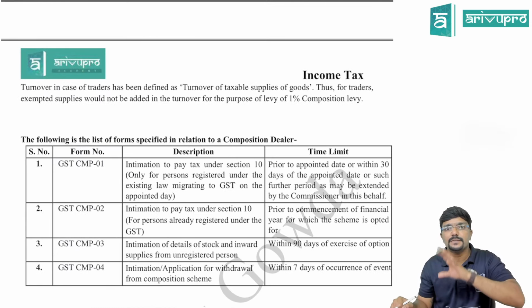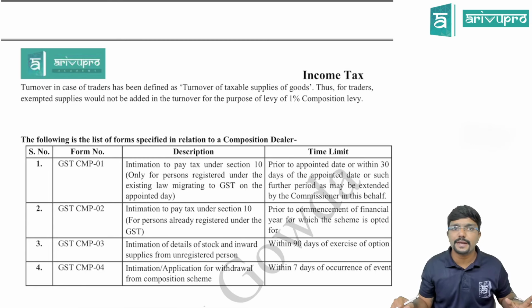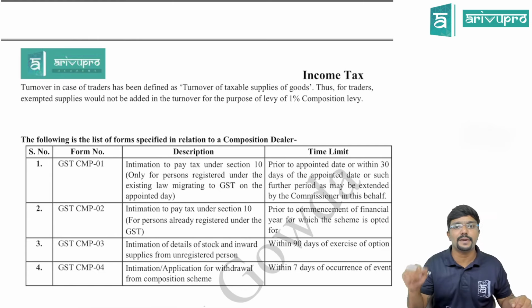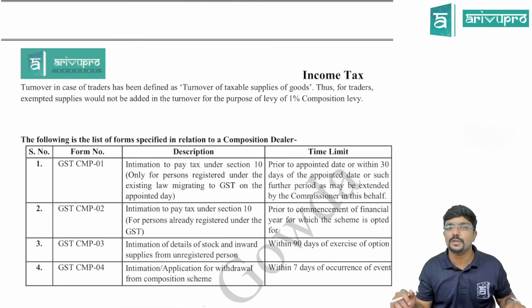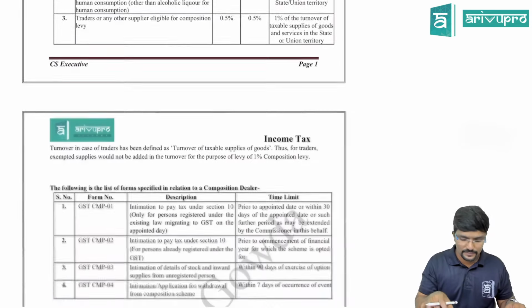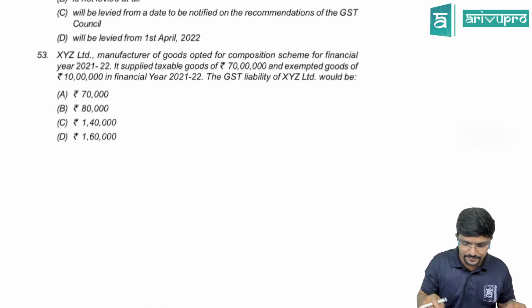All these are the contents which I have picked from the regular study material, guys. Turnover in case of traders has been defined as turnover of taxable supply, whereas for others it is 1% of total turnover, guys. Chalo, we'll move ahead.